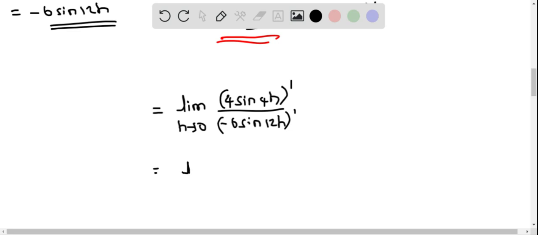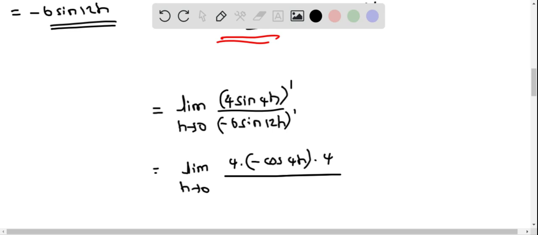Now we can do it here. This is a limit as h approaches 0. The derivative of 4 sine 4h is negative cos 4h, and when we apply the chain rule to find the derivative of 4h, we get 4. And similarly, when we find the derivative of negative 6 sine 12h, I put the constant negative 6 as it is, and then the derivative of sine 12h is cos 12h.